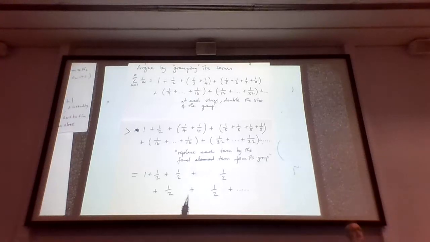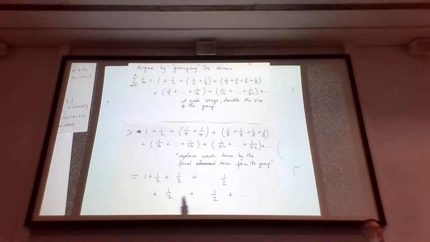Now what value does this infinite series have? Okay, the original series is infinite. So although our groups are getting bigger, there's an infinite number of terms, so we can always form the next group. There's nothing to stop us forming the next group each time. So there's nothing to stop us generating halves. So what's the value of this sum here? You've got an infinite number of halves that you add up.